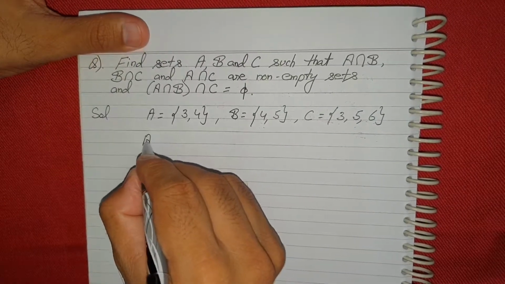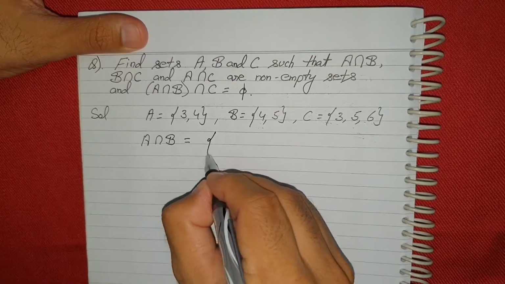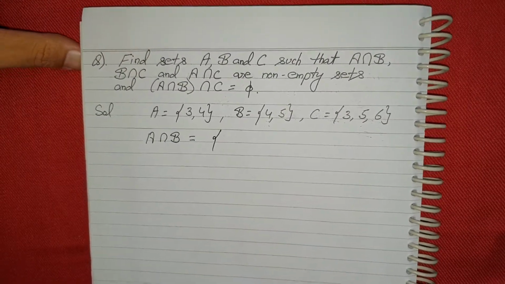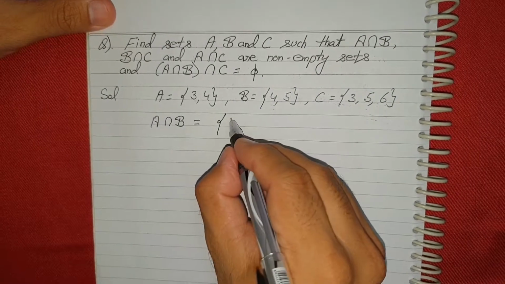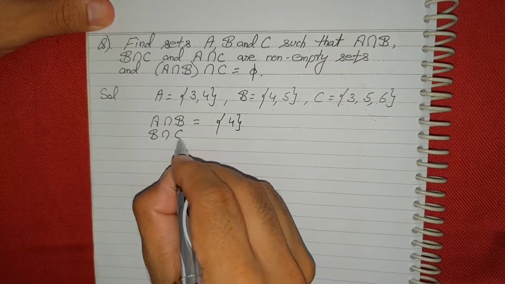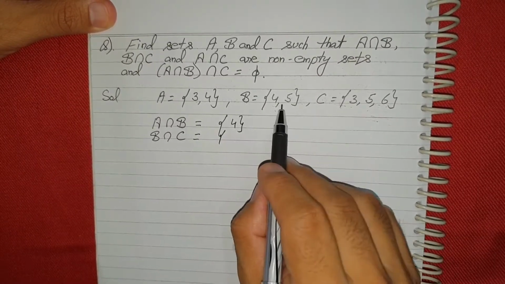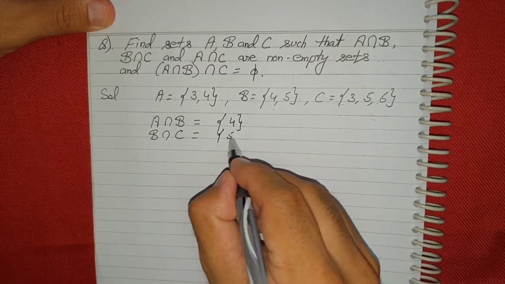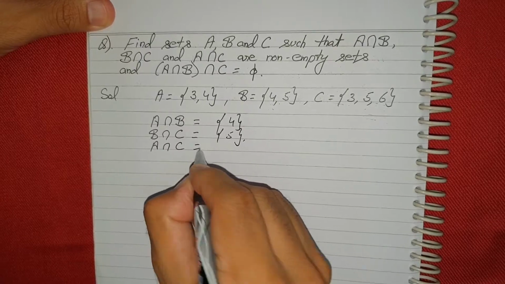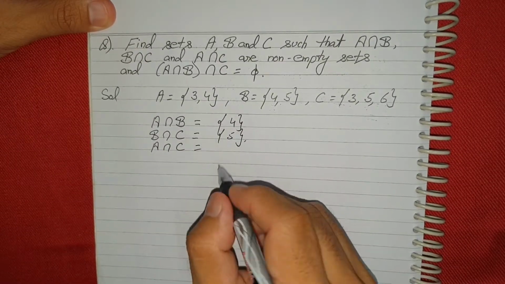Now we know that A intersection B is 4, B intersection C is 5, and A intersection C is 3.